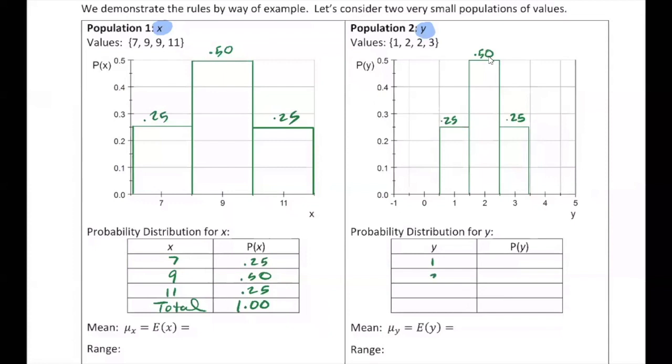Y was 1, 2, and 3 with 0.25, 0.5, and 0.25 probabilities. And again, they add up to 1.